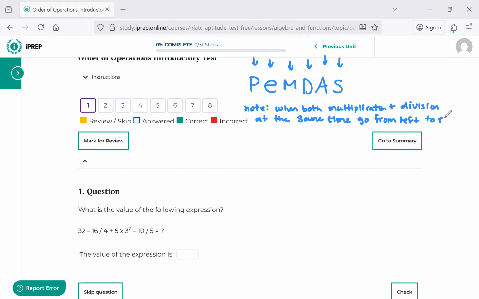Okay. So if you have both a multiplication and division, just go from left to right. That's it. The same thing with addition and subtraction. So if you have both addition and subtraction, go from left to right.